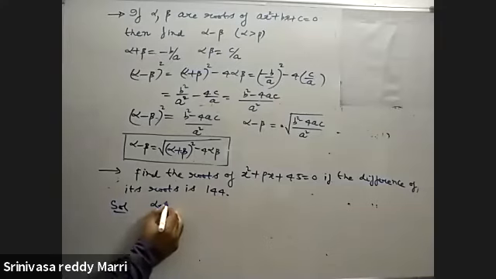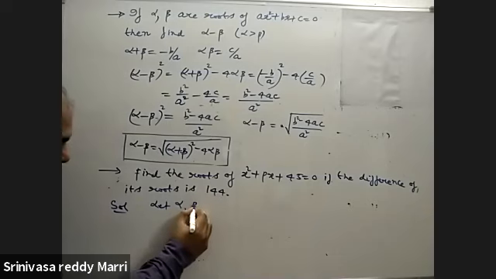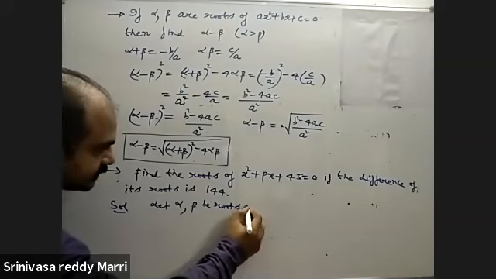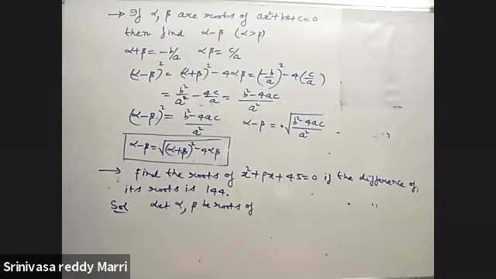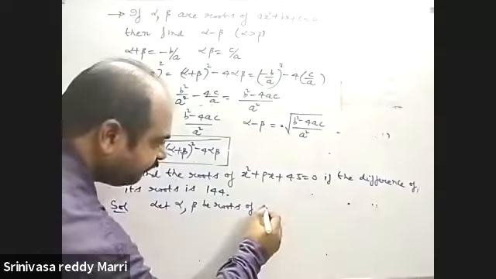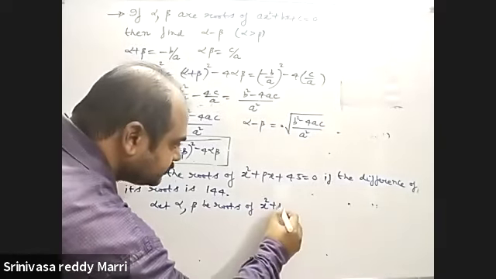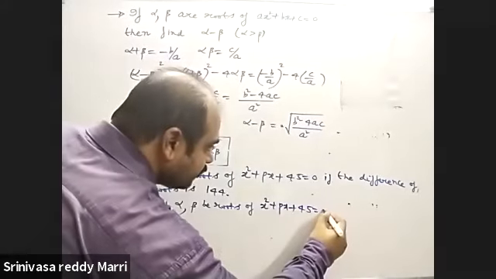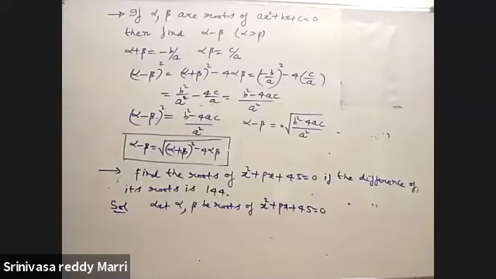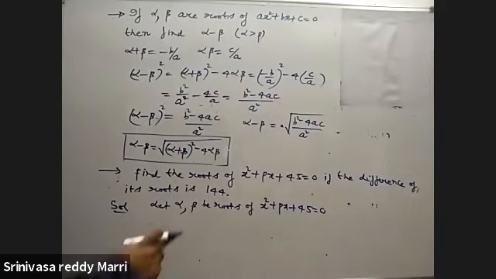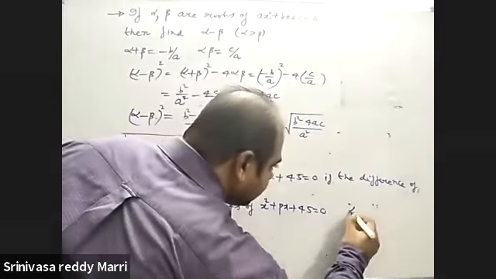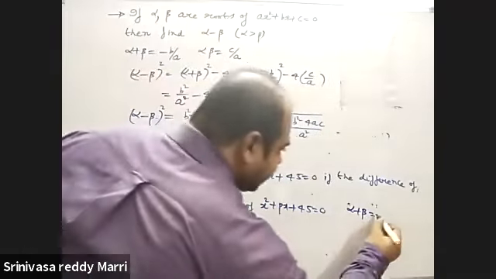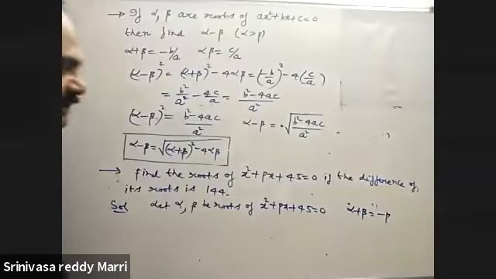So we will say, let alpha, beta be roots of x square plus px plus 45 equal to 0. Now alpha plus beta is minus b divided by a, so minus p.